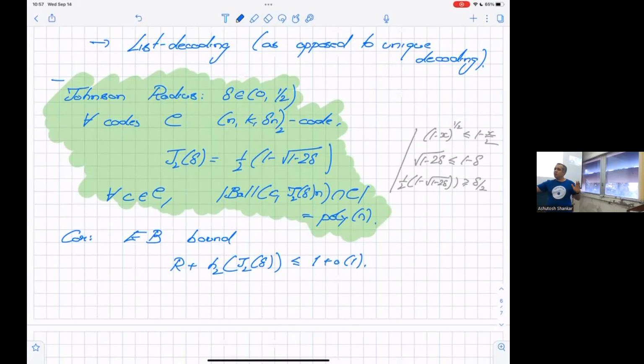It doesn't say that beyond this point it's not polynomial. It could continue to remain polynomial beyond this point. But it says for every code, up to this point at least, you could grow these balls from size delta by 2 all the way up to J2(delta), so that the number of codewords you see will still be polynomial, as long as the code you began with had distance delta. Okay.